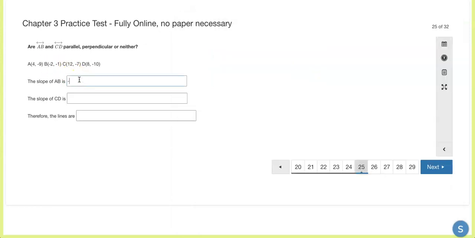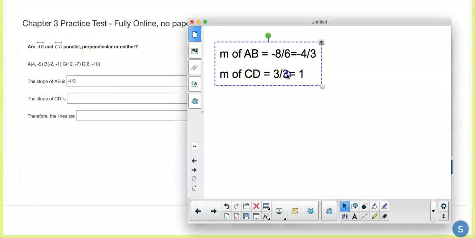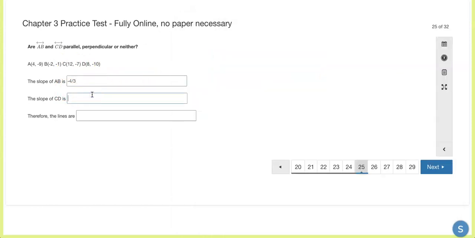Then CD this time, -7 minus -10 makes a 3 up top. 12 minus 8 is a 4. So this time, the slope of one of them is -4/3. The other one is 3/4. These are called opposite reciprocals, which means the lines are perpendicular this time.